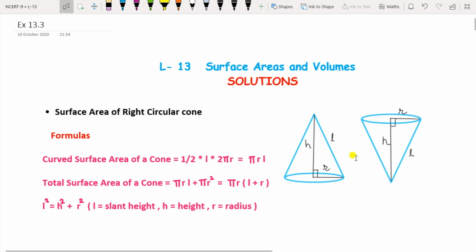If you don't know L or R, you can find it using this formula. Then the total surface area of the cone is pi r (L plus R).